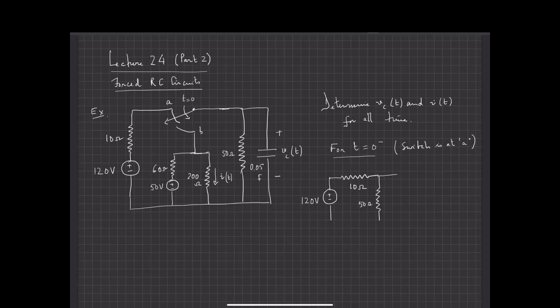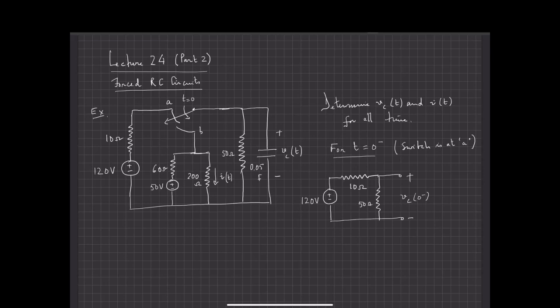And now I recognize the following, that with the switch at A, the circuit is a DC circuit. And if the circuit is a DC circuit, a capacitor is an open circuit to DC. So the capacitor is open circuit, and this voltage here is Vc at 0 minus. And now it becomes trivial.